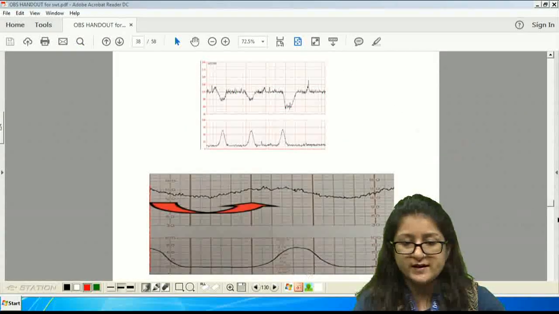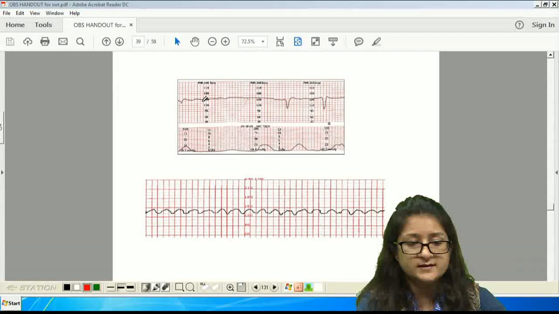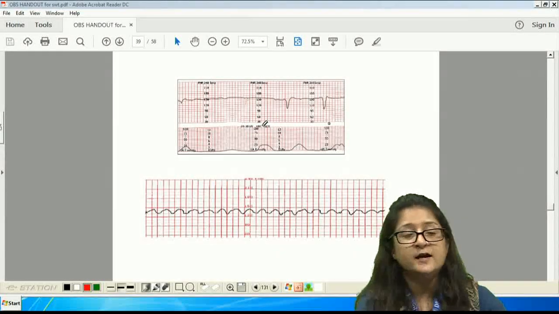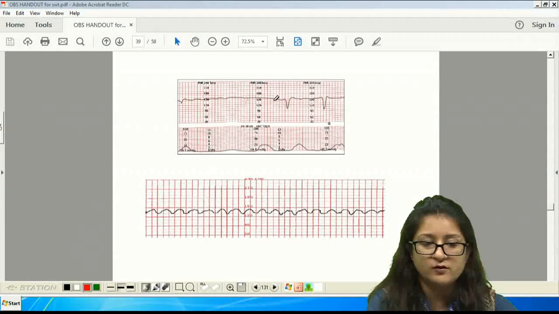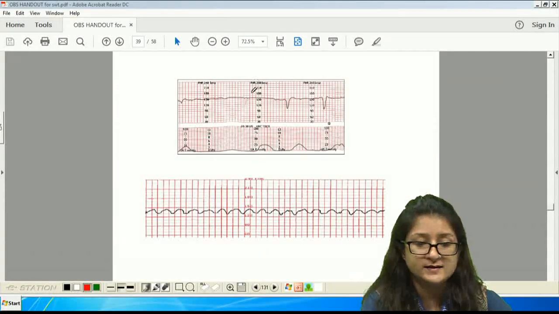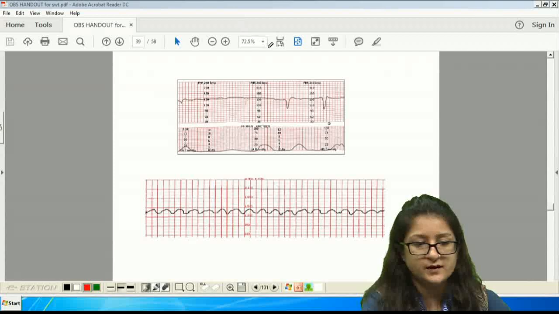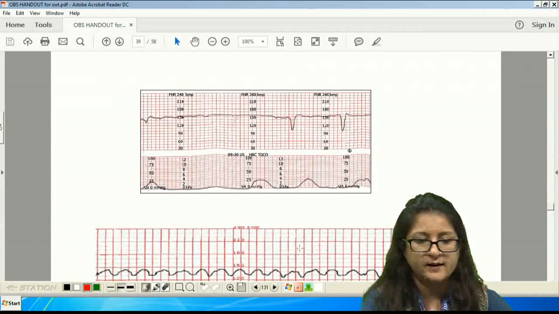The second type of trace, as we can see here, is this. What is this? Something you can appreciate about the baseline is that it is around 150, 160 beats per minute, quite high.